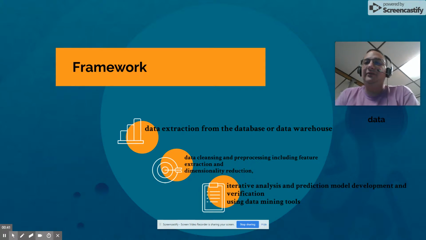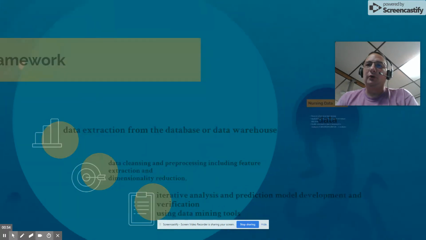And then an iterative analysis and prediction model development and verification using data mining tools. So validating the data and the results that we have found, moving forward.